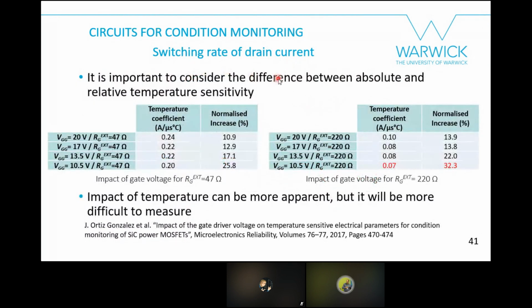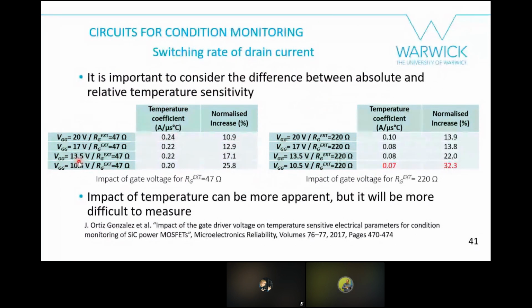Now, I would like to highlight that it's important to consider the difference between absolute and relative temperature sensitivity. This is a small study where we switch the device with 47 ohms and 220 ohms at different gate voltages. If you switch your device with 20 volts and 47 ohms, the increase of the switching rate is around 11% with a temperature coefficient of 0.24 amps per microsecond per degree.